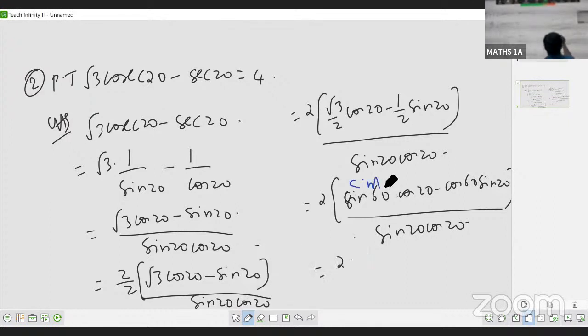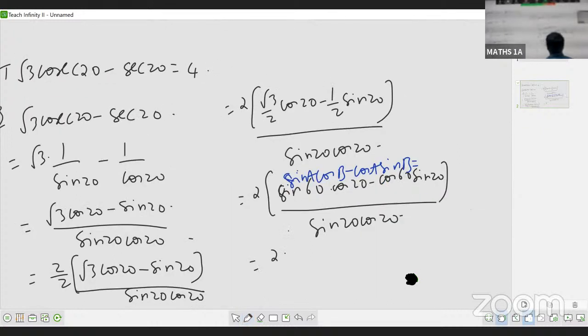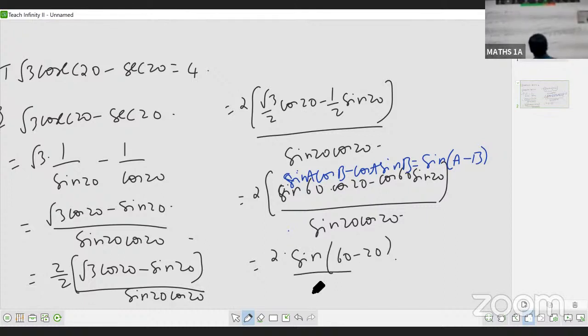Sine A cos B minus cos A sine B is nothing but sine of A minus B. So I am going to write it as sine of 60 minus 20 by sine 20 cos 20.